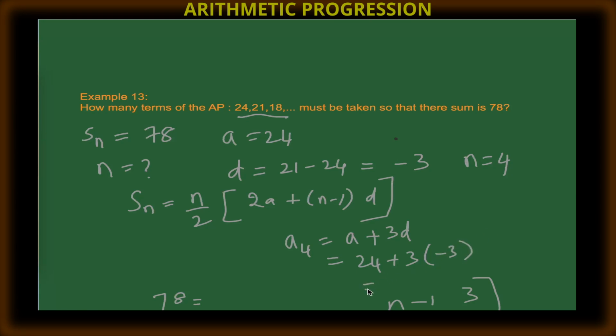Okay, 24 plus minus becomes minus, 3 3s are 9.